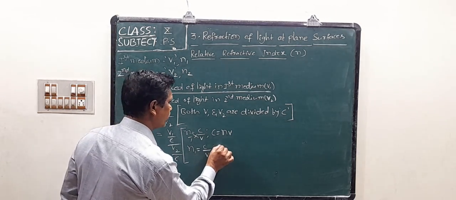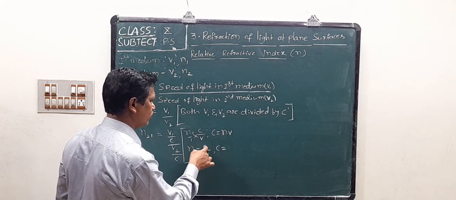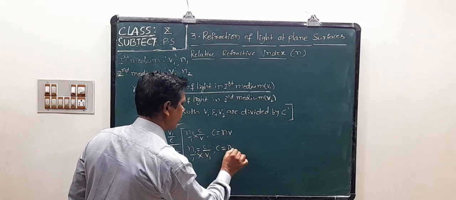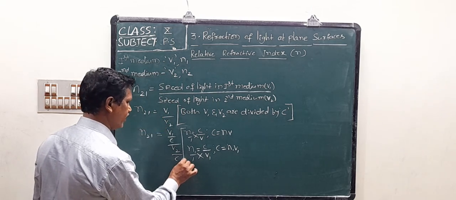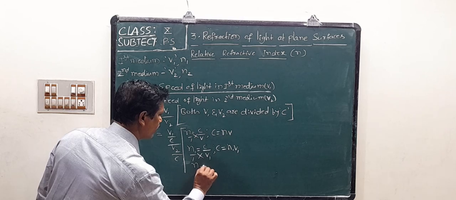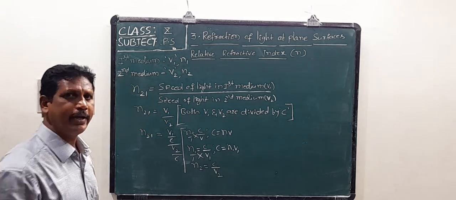Therefore c equal to n1 v1. Similarly n2 equal to c by v2.